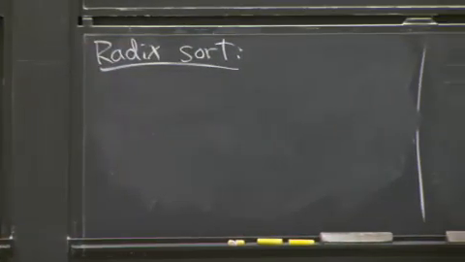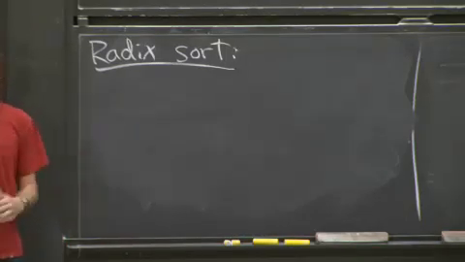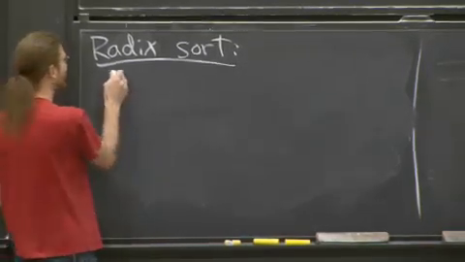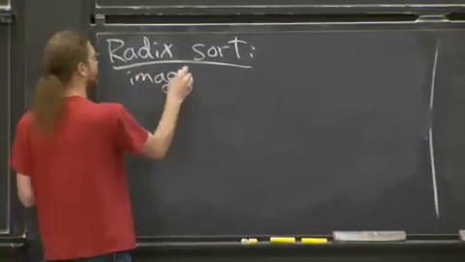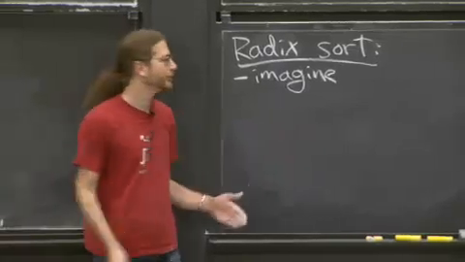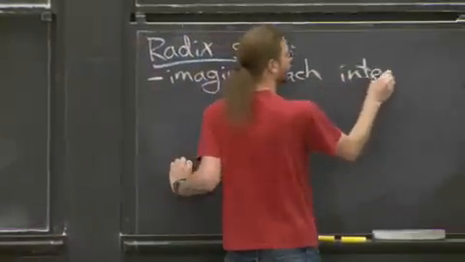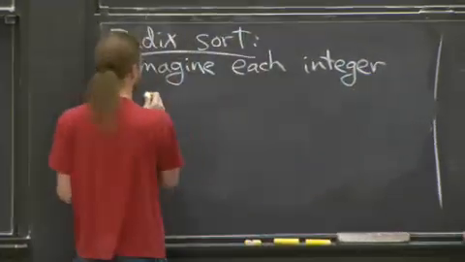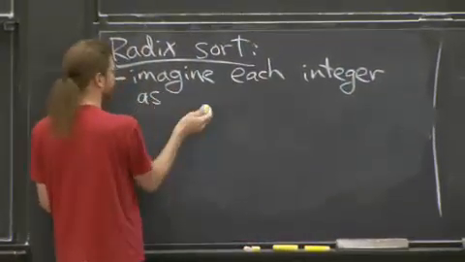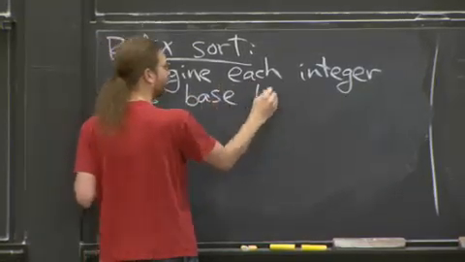The idea with radix sort is simple. It's actually kind of the Excel spreadsheet approach. We're going to imagine we want to break each integer into a bunch of columns. How do we do that?